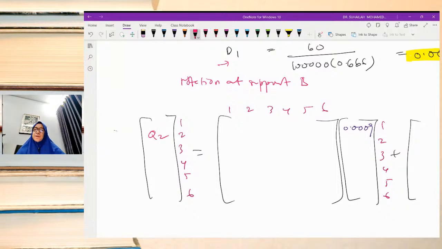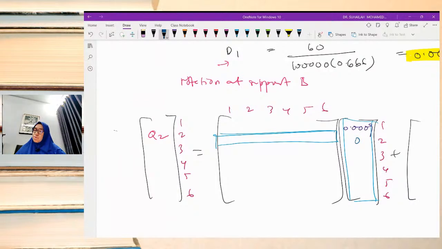Q2 means we have to consider line number 2 times all this. The rest, D2 until D6, are all 0.